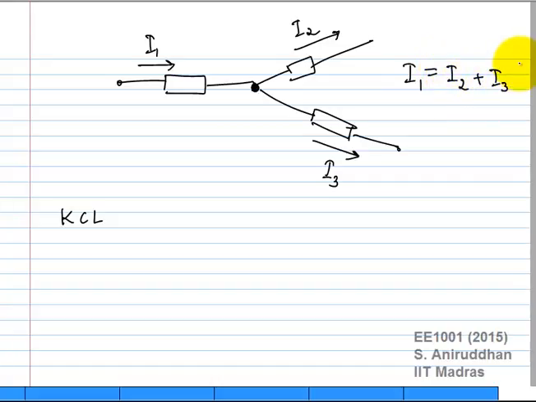The rate of flow of charge flowing into the node has to be equal to the sum of that leaving the node, right? So I1 has to be equal to I2 plus I3. In a more formal way, this is just an example, I can say the sum of all currents entering a node has to be equal to 0.